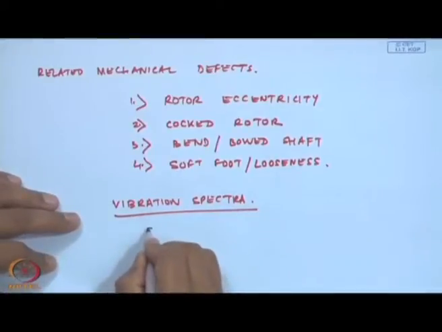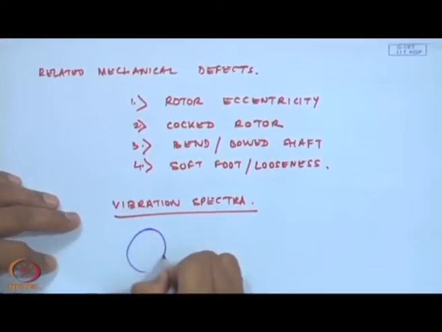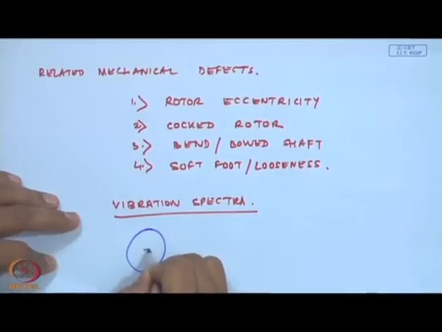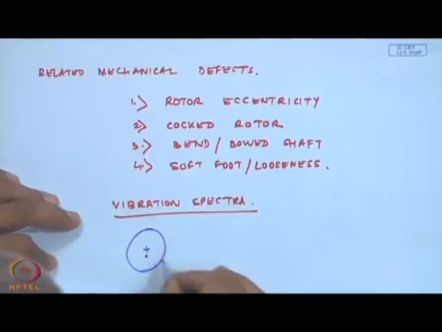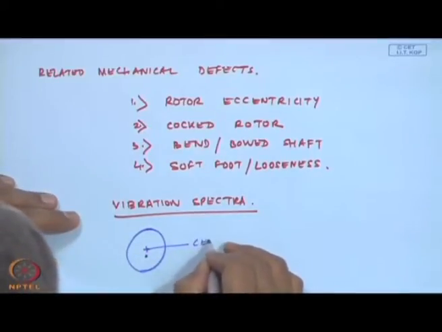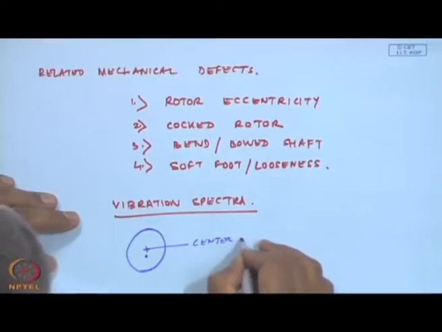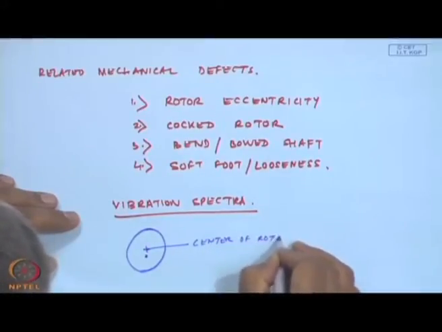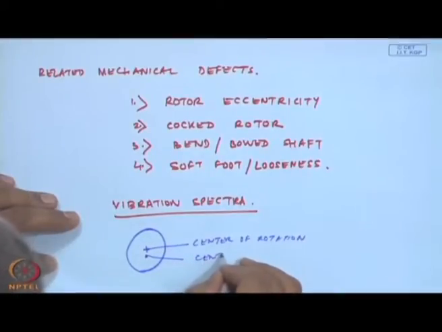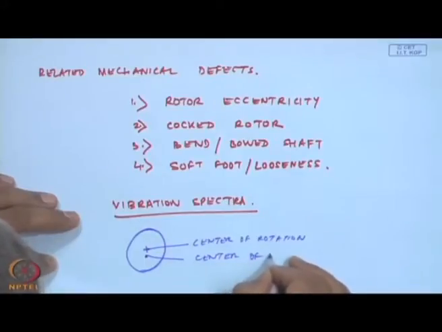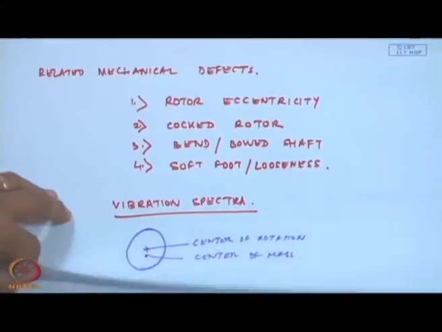For example, if I look at a rotor, by rotor eccentricity I mean the rotor's center of mass is not at its center of rotation. Another way to look at this, maybe I should draw the figure the other way.